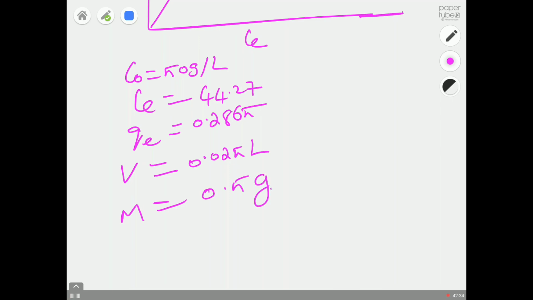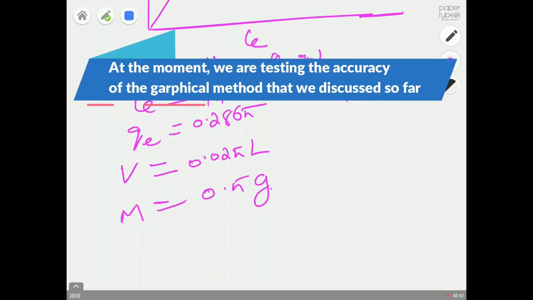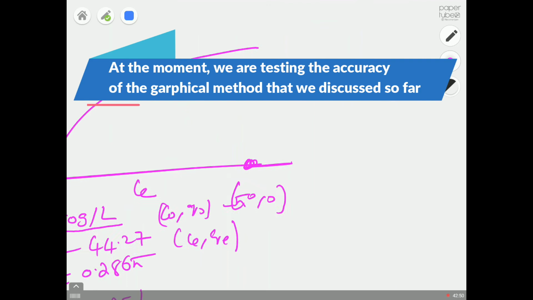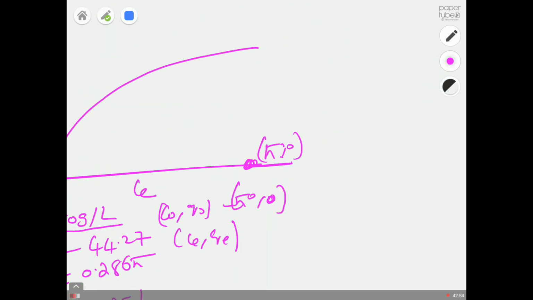So what we are going to do is plot C0 comma Q0 and CE comma QE. C0 comma Q0 is nothing but 50 comma 0. Say this is somewhere around here, 50 comma 0. 0 means nothing is adsorbed, so 0 amount of solute is adsorbed onto your adsorbent.